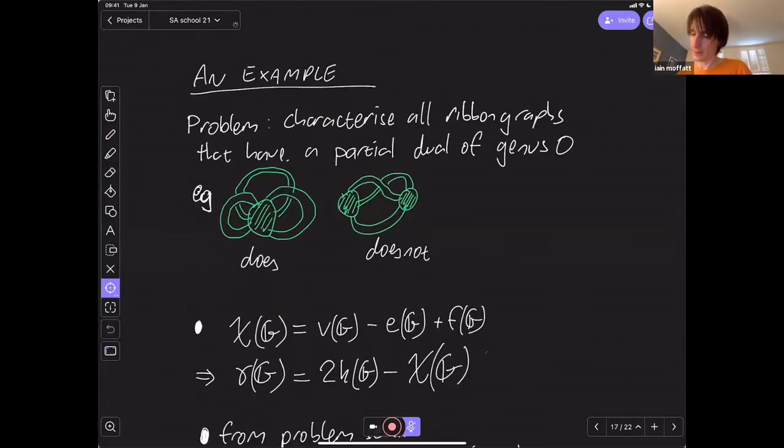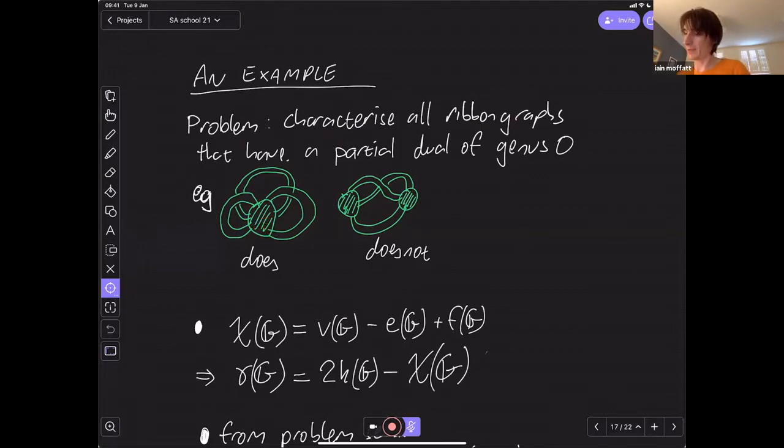So maybe very quickly, let me take you through a quick example of how to do this in the few minutes I've got left. Suppose I had a problem and I noticed that when I'm partial dualing some ribbon graphs, I can sometimes result in a graph of genus 0, something on the plane or the sphere.